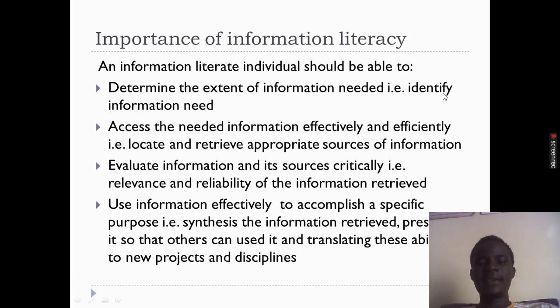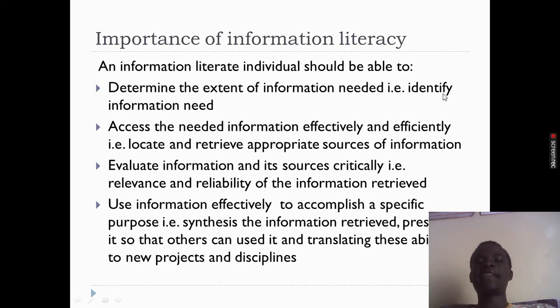Then the last skill is the ability to use information effectively to accomplish a specific purpose. You synthesize the information you have retrieved, you present it to others. After synthesizing it, you mold it to answer your information need, and then you present it to others. In doing this molding, you will be translating this information into projects which you will present to others.